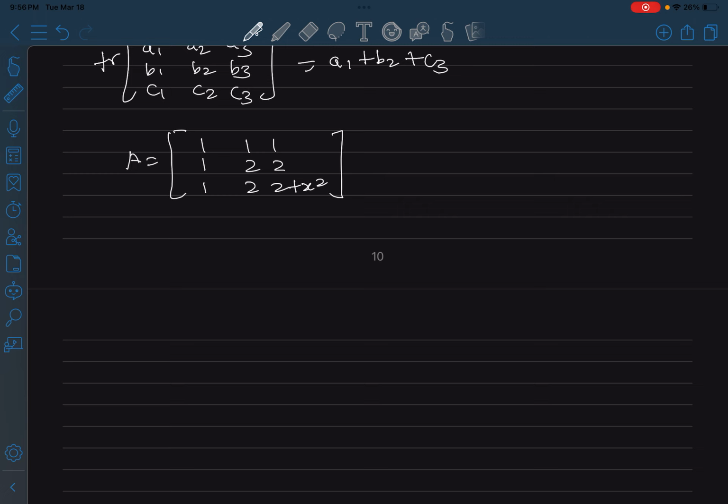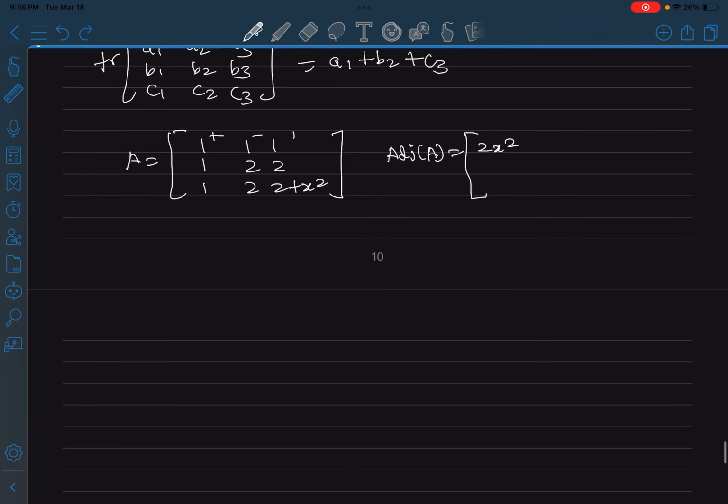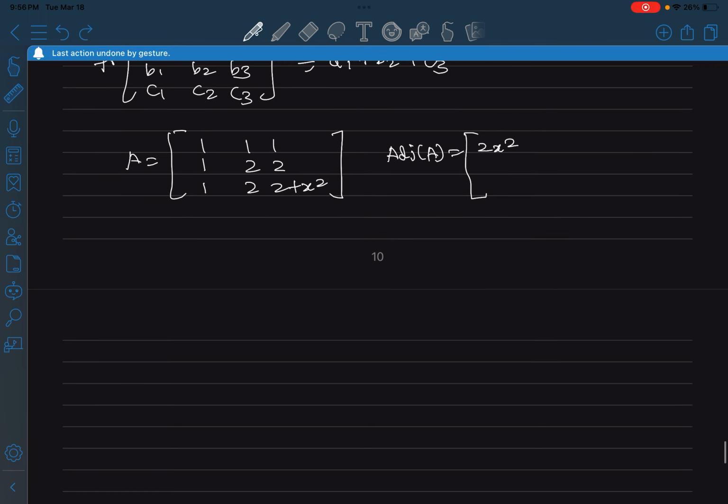You just write the cofactors of every term. So the adjoint of A starts with the cofactor of 1. For that, just find the determinant of its minor, which is 4 plus 2x square minus 2, which is just 2x square. Also need to give the sign. Sign is basically plus minus plus, and again minus plus minus plus minus plus.